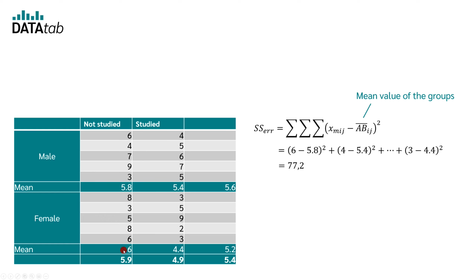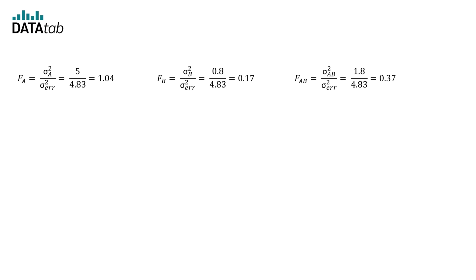Here we subtract 6, and then we subtract 4.4. So we get 6 minus 5.8 squared plus 4 minus 5.4 squared, to finally 3 minus 4.4 squared. This gives us a sum of squares of 77.2 and a variance of 4.83.